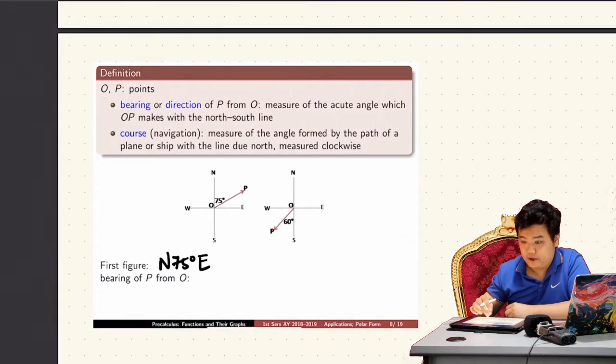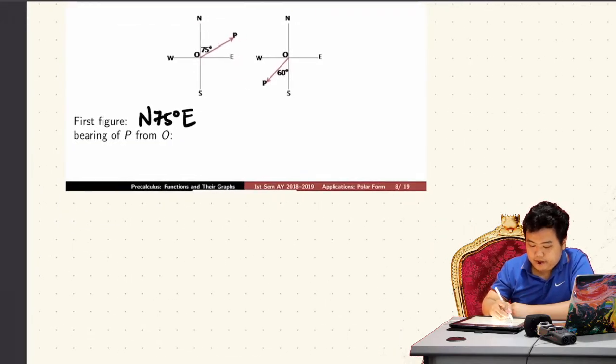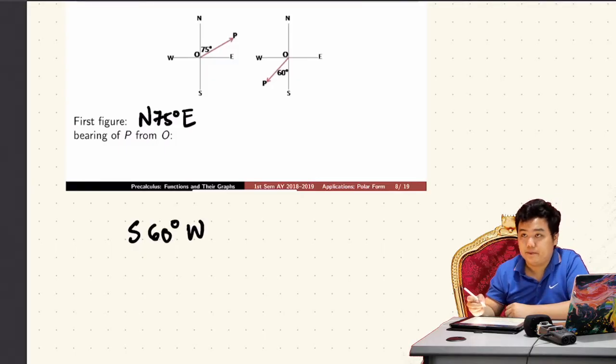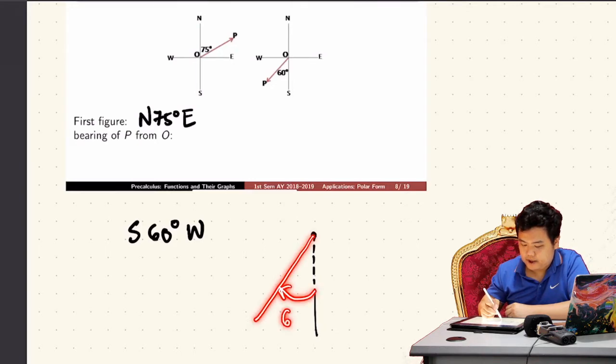Okay, drawing pa tayo ng iba. Gawa pa tayo ng ibang example. Paano yung south 60 degrees west? Ibig sabihin, from your initial position, point O, punta ka raw sa south, and then, 60 degrees papuntang west. So, ito yung 60 degrees.